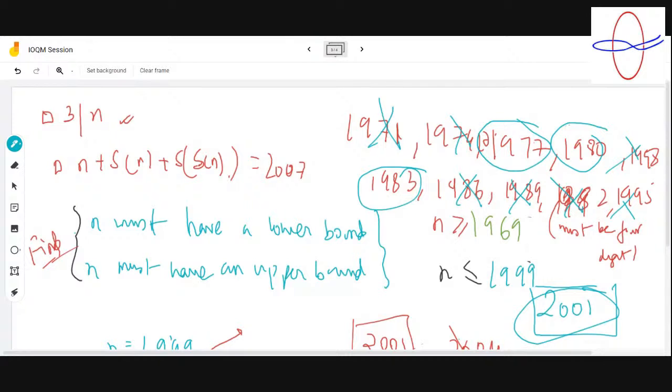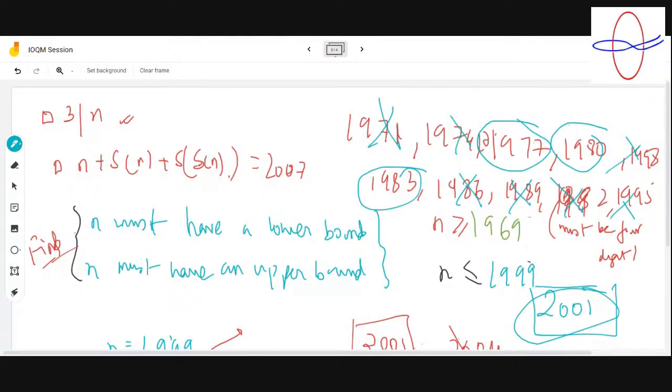Give me a moment. So what will happen before 1969? Before 1969, what is the largest number that can be maximized? The sum can be maximized. So we are trying to maximize the sum, right? Is there a number which can maximize the sum before 1969?